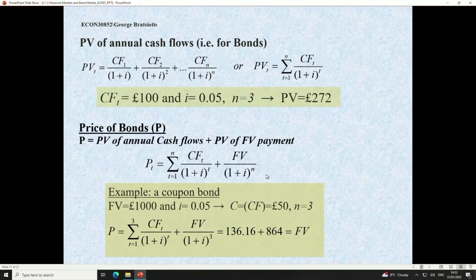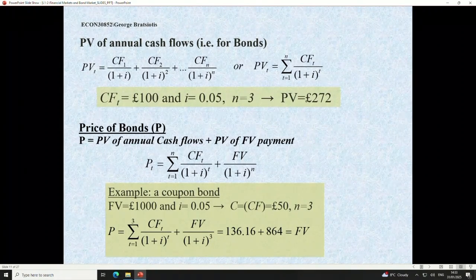If I want to work out the yield, I've got to take this equation and solve for this I here. Are you with me? That I, once I solve from that equation, will no longer be 5%. You understand that? Only when I solve for that I, and as I said, it's very difficult because there's powers involved, and this is why we use calculators.